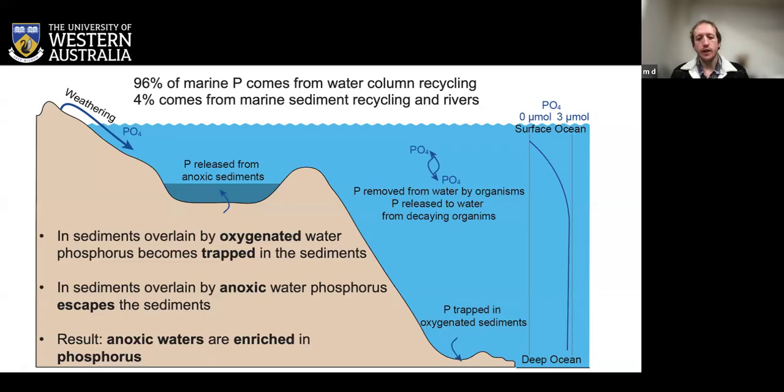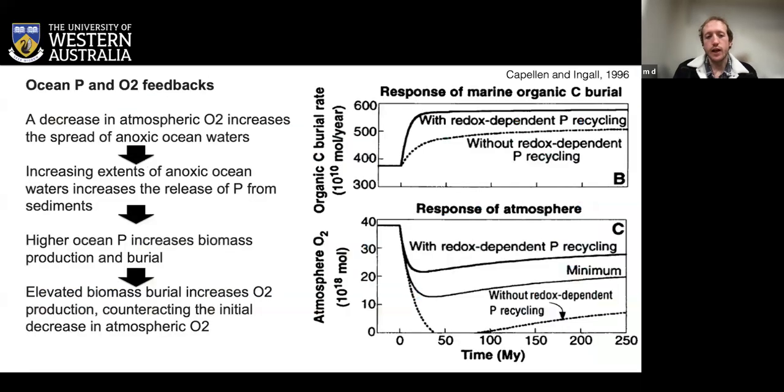So we tend to see larger fluxes of phosphorus from sediments that are overlain by anoxic waters. Whereas the converse is true when we have marine sediments overlain by oxygenated waters: we actually find that the phosphorus released from the sediments is a lot more muted due to trapping of phosphorus in the sediments. So building on this principle, there was a really great paper published back in 1996 where people looked at how this redox phosphorus control could affect atmospheric O2 levels over geological timescales.